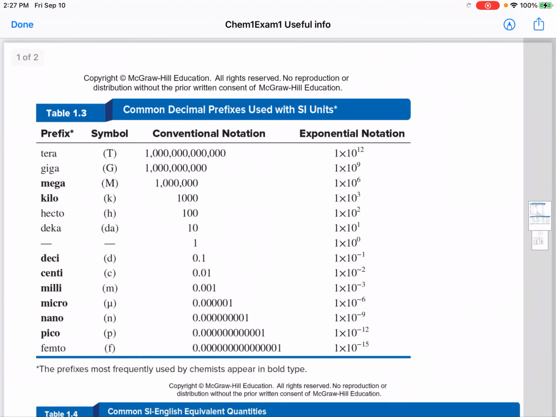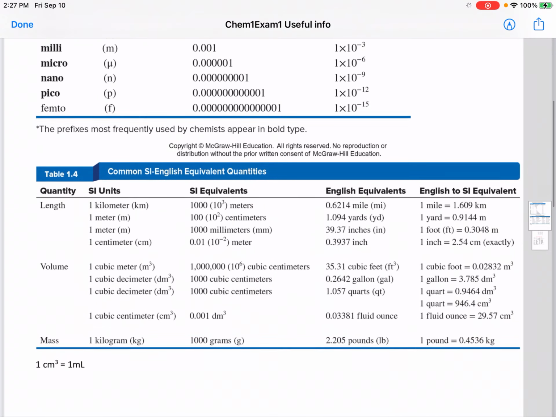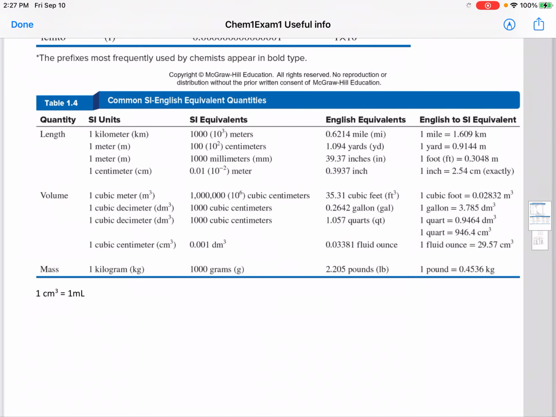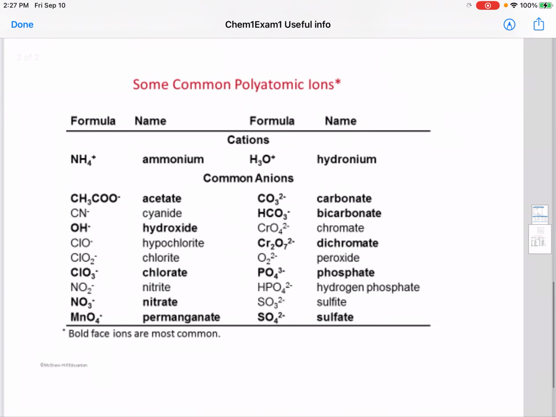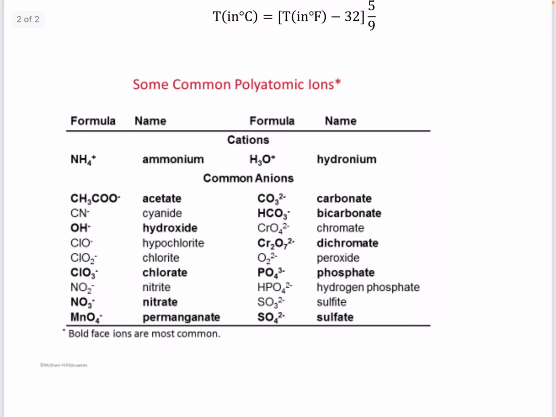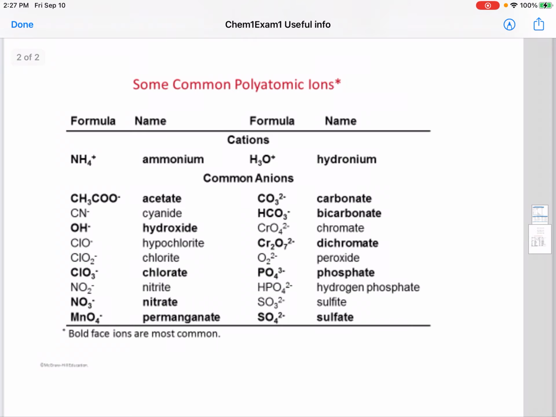You can see all the prefixes table here, and also the equivalence of the quantities, the temperature changes and how to convert, and also polyatomic ions. We also have sulfate here, SO4 2 minus right there. Okay, so refer to these.